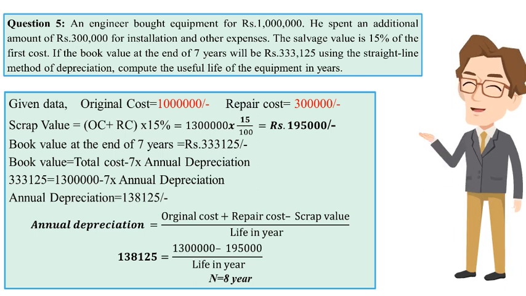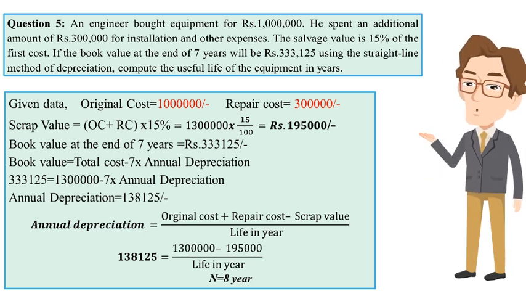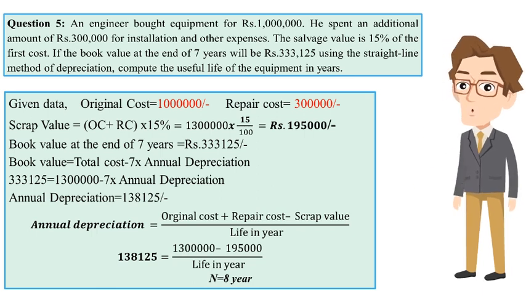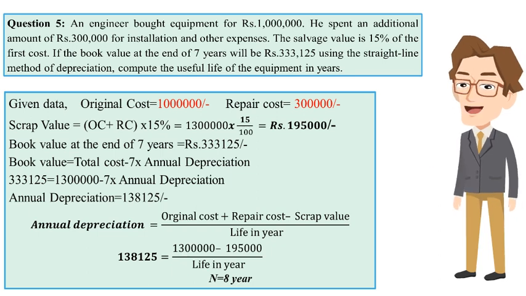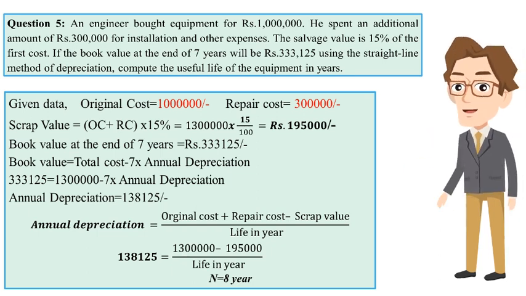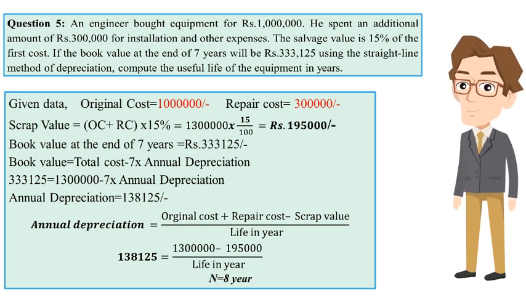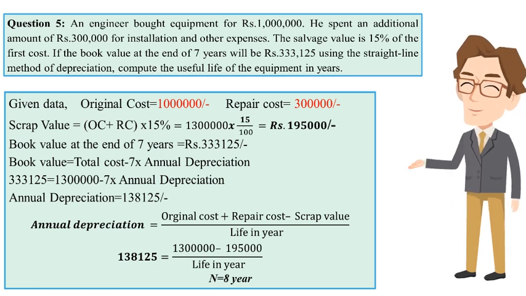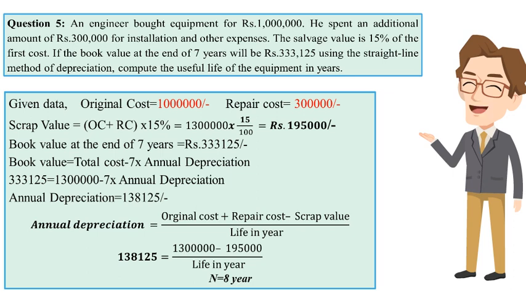Book value at the end of 7 years equals 333,125 rupees. We know that the book value is calculated as the total cost minus the product of the annual depreciation and the number of years. So, we have 333,125 equals 1,300,000 minus 7 multiplied by annual depreciation.